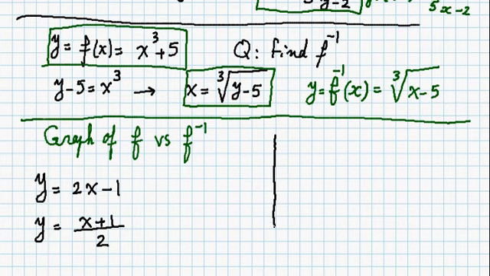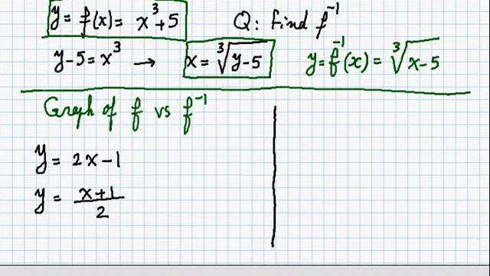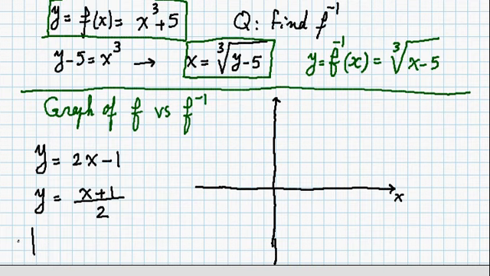Let me go ahead and graph this. So this is our x. Let's make a table to make our life easier. Let me also label my functions. Call this one f and call this one f inverse.